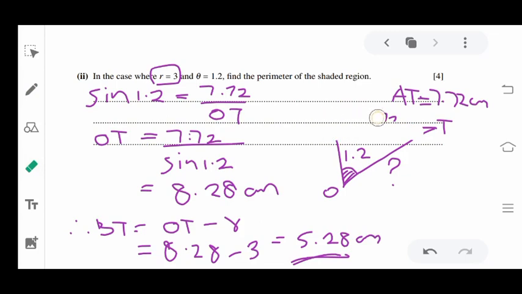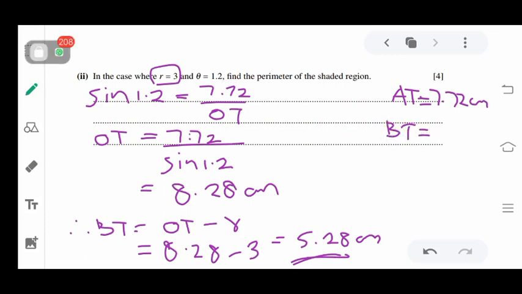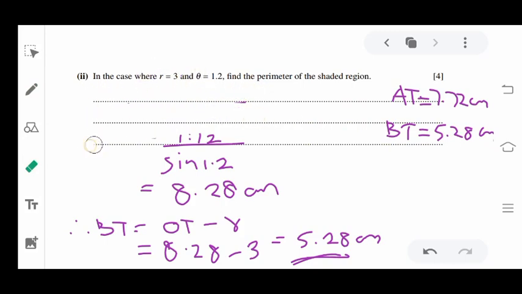So we got BT also. So the length of BT is 5.28 centimeter. Now only one measurement is left, which is the arc length.